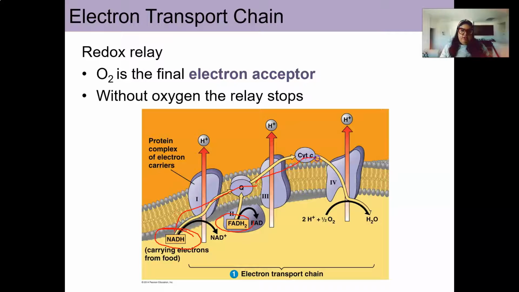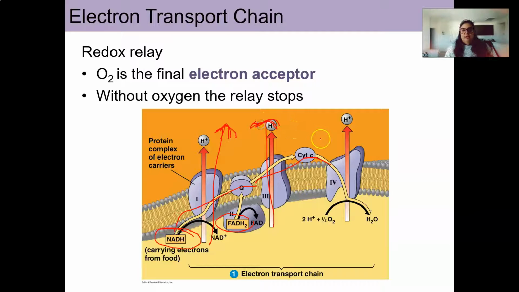And the power of their movement caused protons to pump outside of the inner membrane space. So we're pumping out our hydrogens.